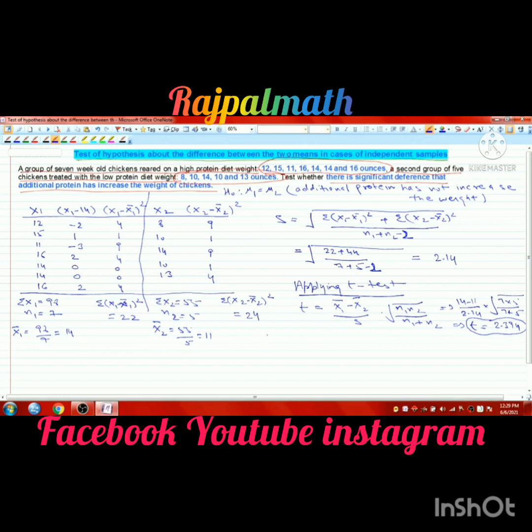Now the degrees of freedom. The degree of freedom nu equals n1 plus n2 minus 2, meaning 7 plus 5 minus 2, which equals 10.